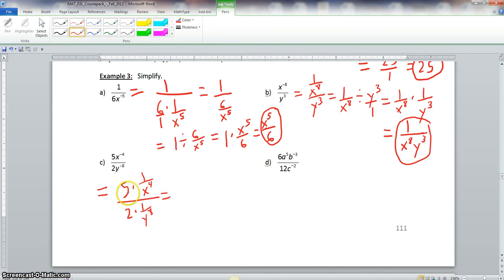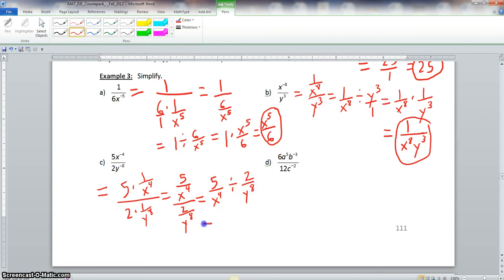We know this is the same as saying 5 over 1 times 1 over x to the 4th, which will give us 5 over x to the 4th power, divided by 2 times 1 over y to the 8th, which will give us 2 over y to the 8th power. Now we have 5 over x to the 4th power divided by 2 over y to the 8th.